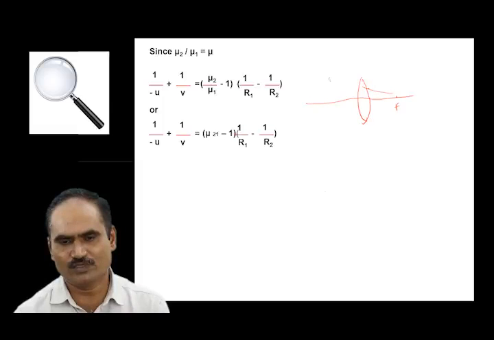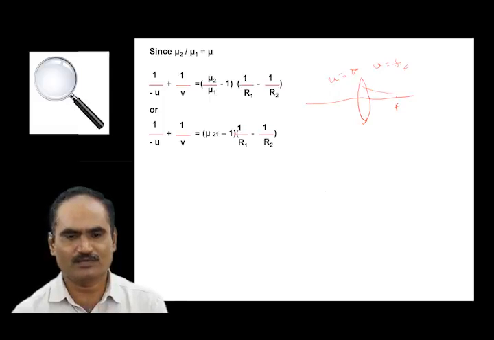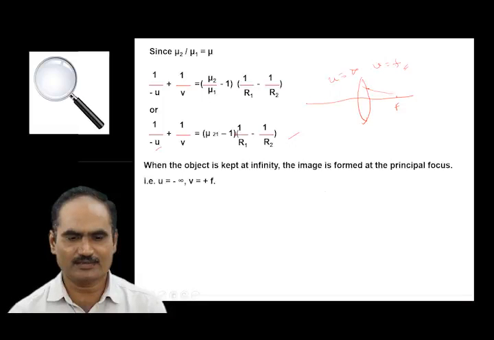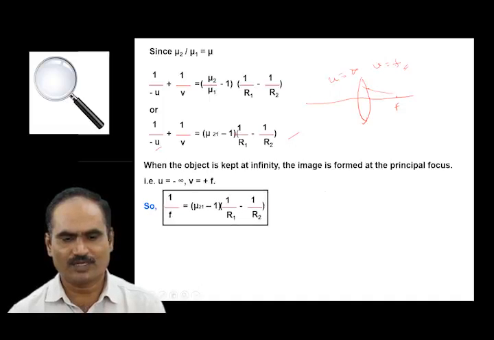So therefore, if u is equal to infinity, then v is equal to f, right? The same thing if you apply here, if you put infinity, then you have to put f here, right? So therefore 1 by infinity is 0, then plus 1 by f is equal to, you will get this thing. So the above equation once again can be written like this, that is 1 by f is equal to mu2 with respect to 1 minus 1 into 1 by r1 minus 1 by r2, right?